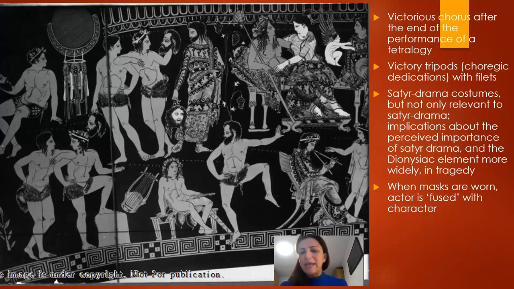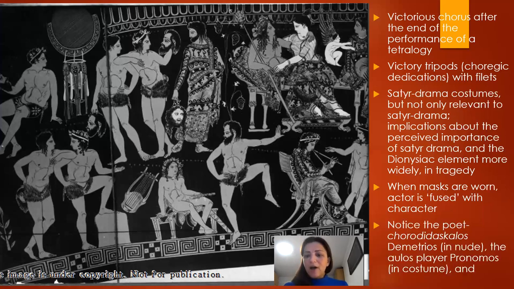This of course doesn't mean that we cannot hold on to our assumption that this is a celebration of a victory at the end of a dramatic festival. But in this case, what is conveyed is the Dionysiac power of the mask, which has the power to transform this actor into a kind of Dionysiac player.